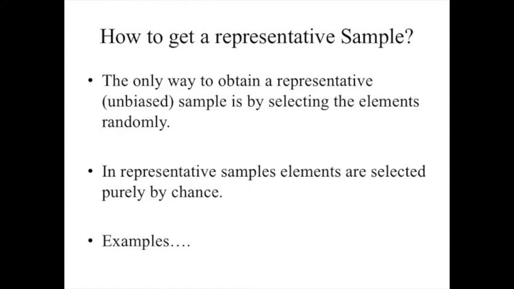So how do you get a representative sample? Well, the only way to get a representative or unbiased sample is by selecting elements using probability theory. When we don't decide who is going to be in the sample, or when elements don't decide themselves, when they are selected through a probabilistic process, that's when the sample is representative. Because anytime we introduce a selection system, or the elements select themselves, we're introducing bias.